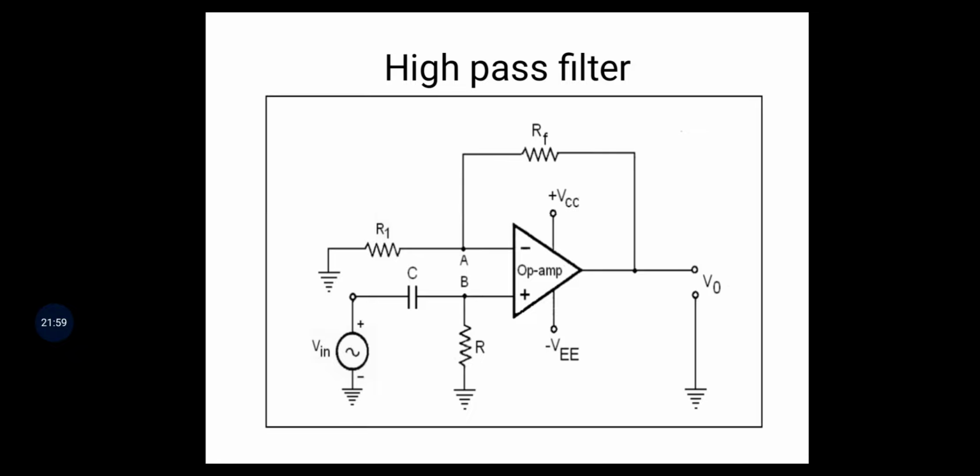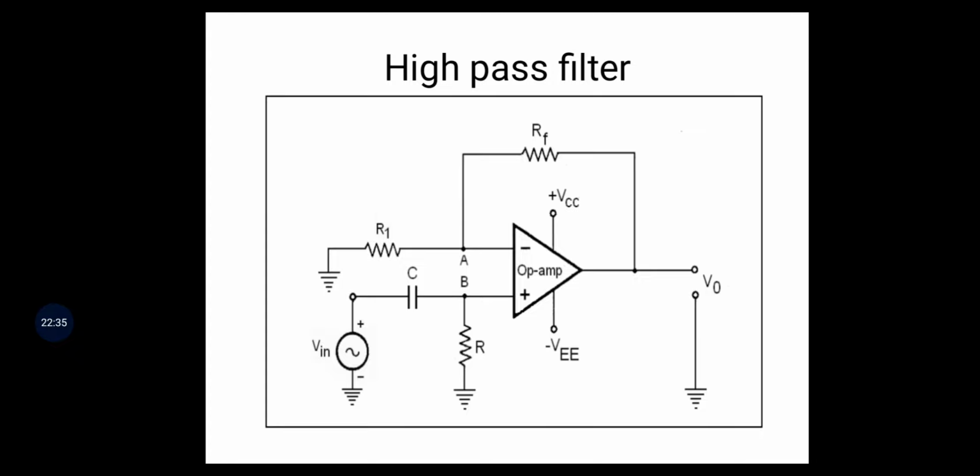At low frequencies the capacitor appears open and the voltage gain approaches 0. At high frequencies the capacitor appears shorted. The circuit becomes a non-inverting amplifier with voltage gain 1 plus RF by R1.